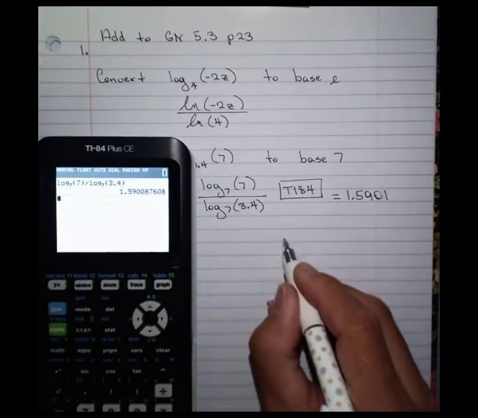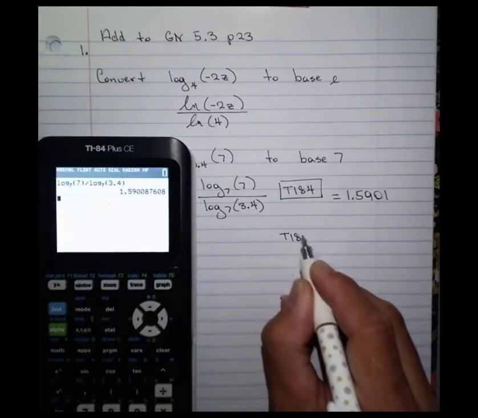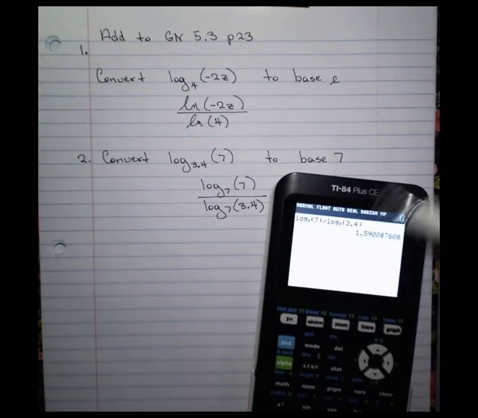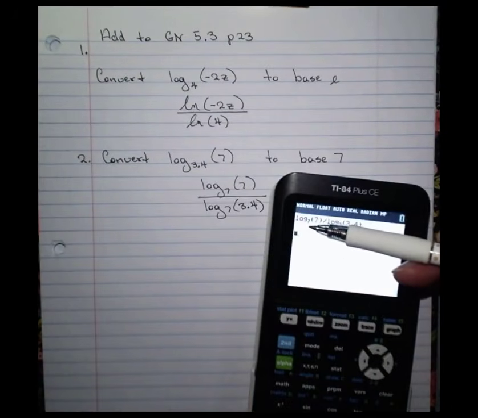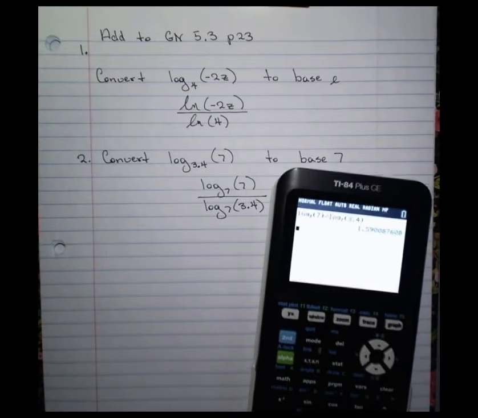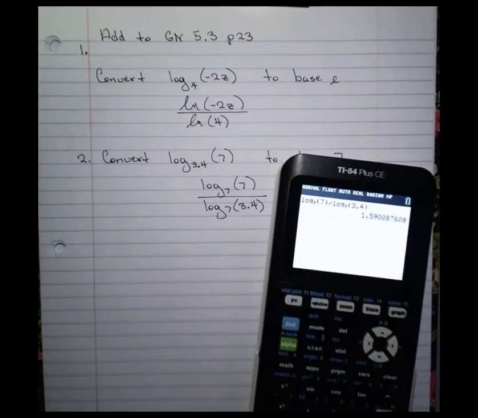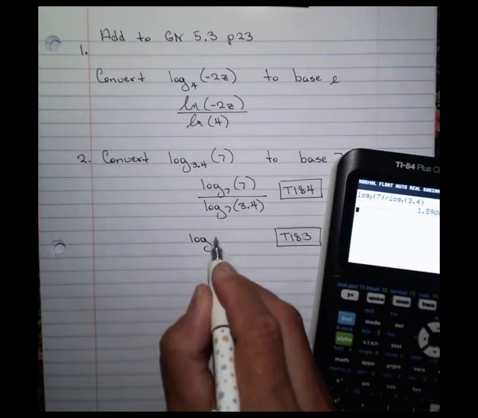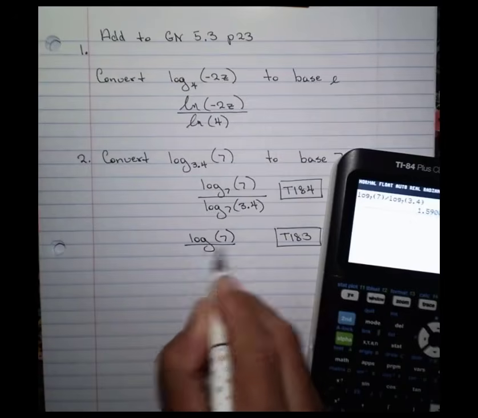Now, what would happen if I had a TI-83 or an older calculator? Well, an older calculator, I don't have that option of having the different bases. So I'm going to have to use either the common log or the natural log. And as we saw on the previous page, it simply doesn't matter which one I use. So this time I'm going to enter it like this. I'm going to use the common log, and I'll say the argument is 7.